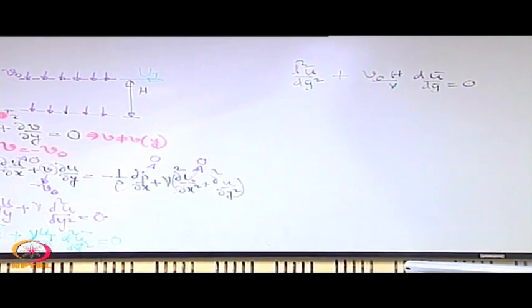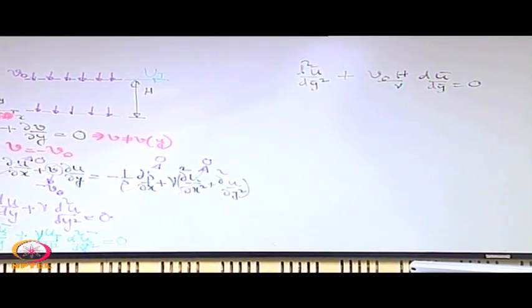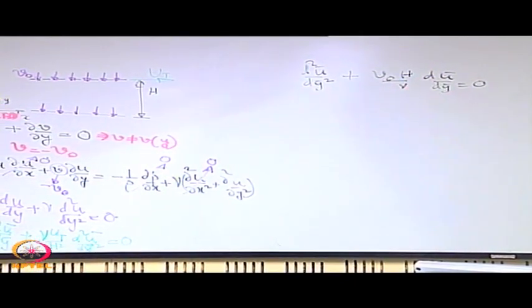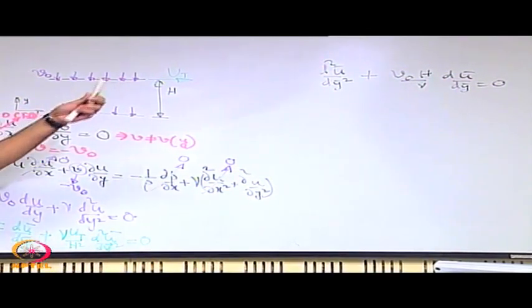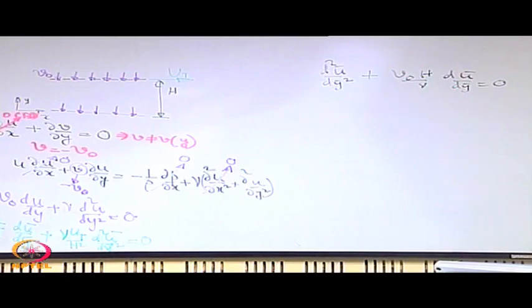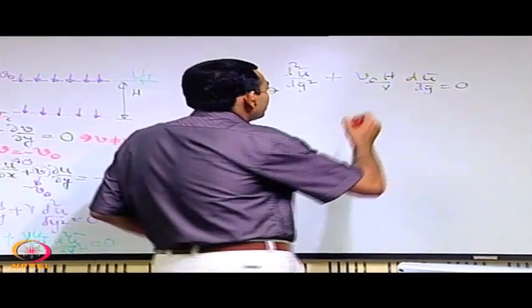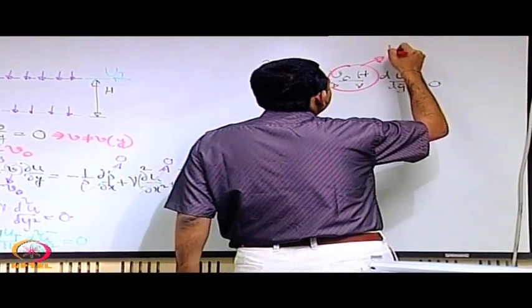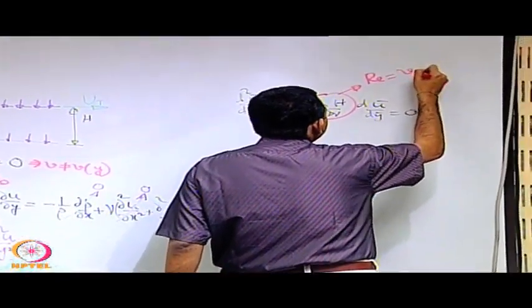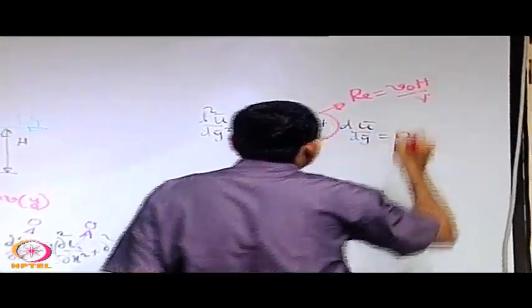V0 h by nu is a sort of Reynolds number. If you recognize this, first of all it is a non-dimensional number that you must recognize, because all other terms are non-dimensional, so it has to be non-dimensional. It is something like the Reynolds number we can say, just as a symbol we are writing this.